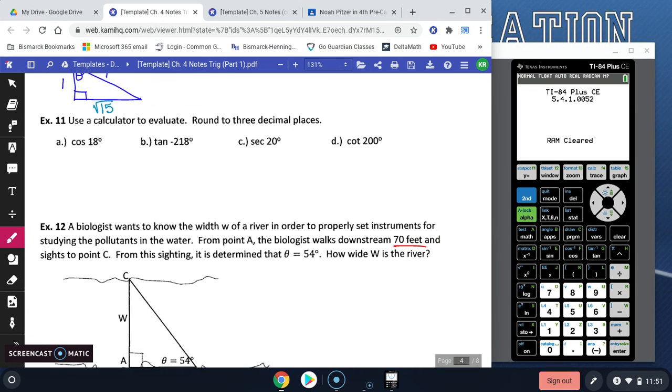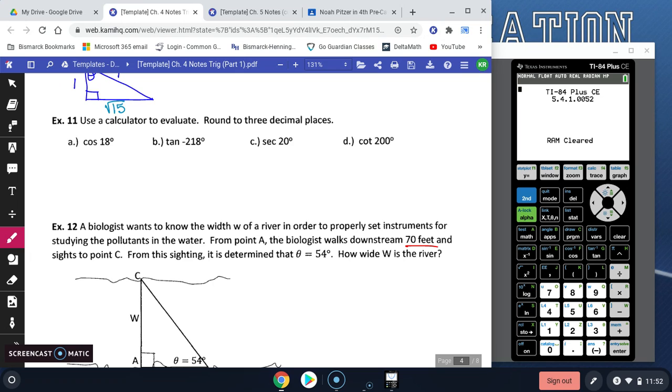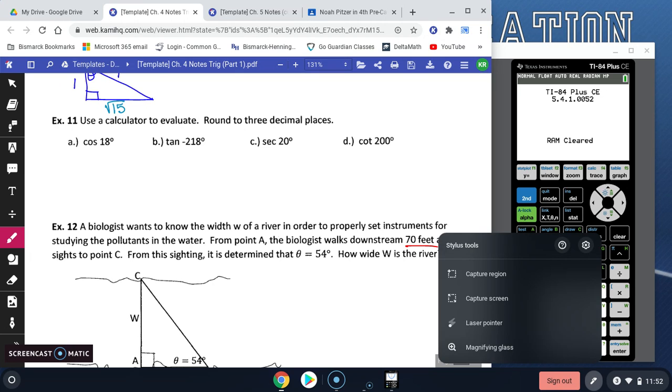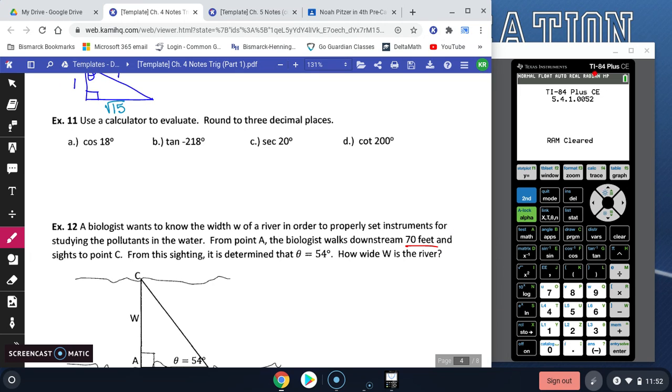All right, so on my calculator, cosine of 18, especially if you're using the app, if you look up at my top, it says that it's in radian mode right here. So every time you close out your calculator, it defaults back to these settings.